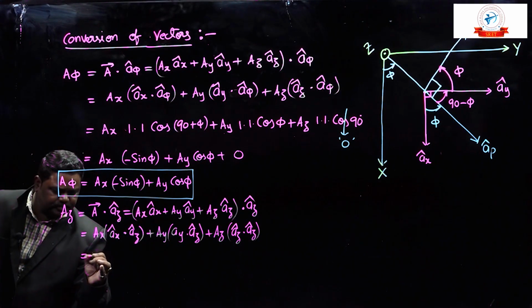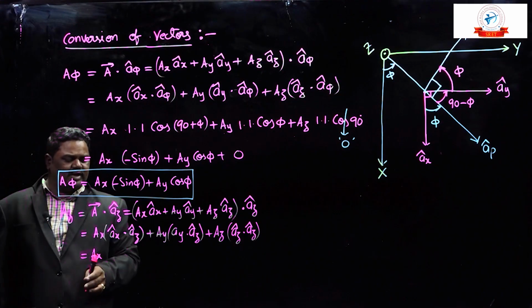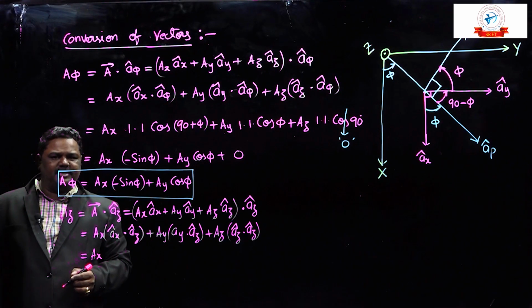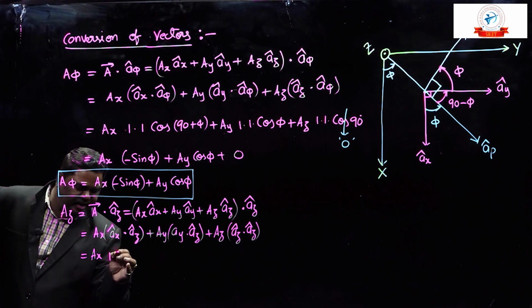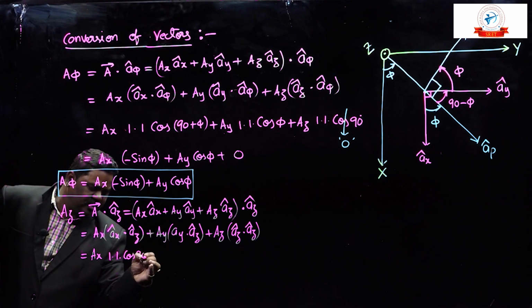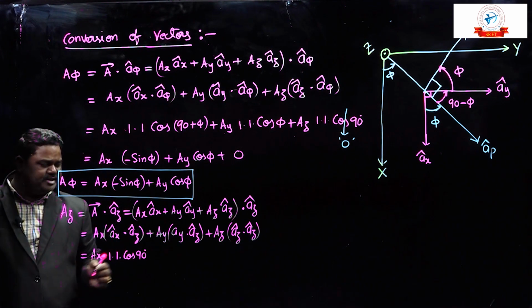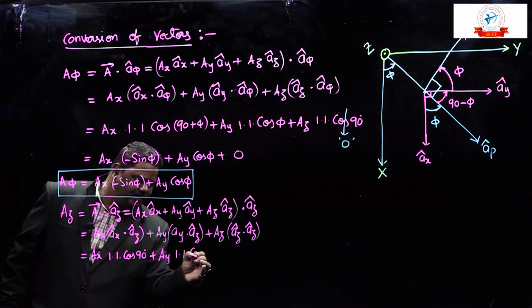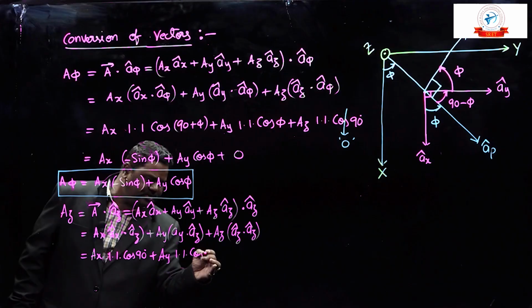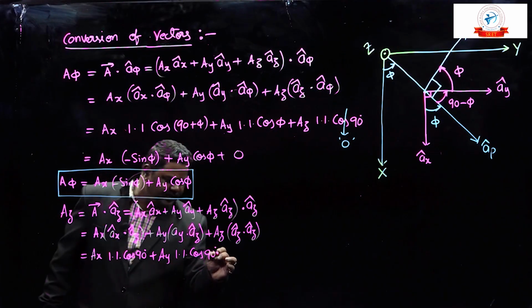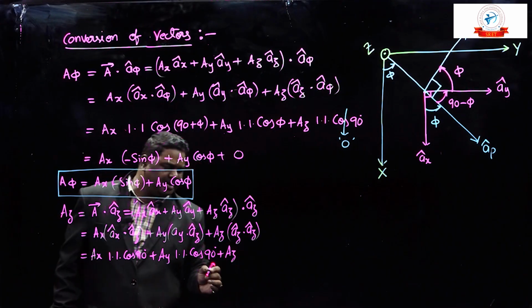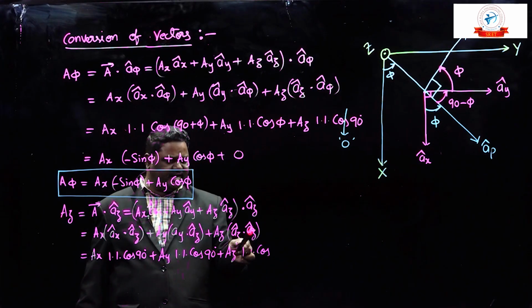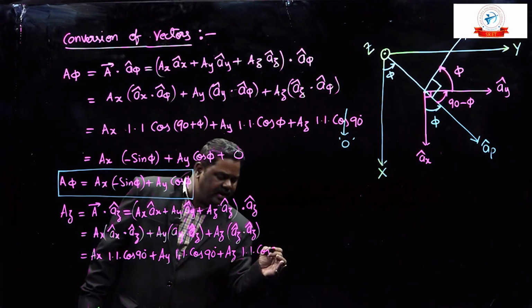Now what is the angle between ax cap and az cap? 90. So cos 90 will become 0. Okay, so 1 into cos of angle between ax and az cap is 90, plus y component 1 into cos of angle between y and z is 90, plus z component into 1 into cos of, what is the angle between same vectors az cap? 0.